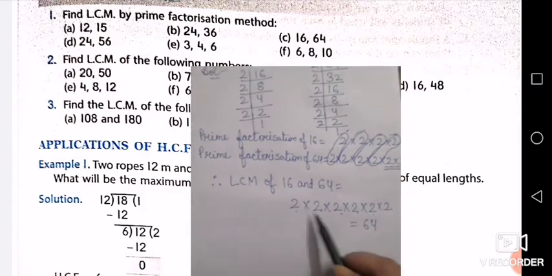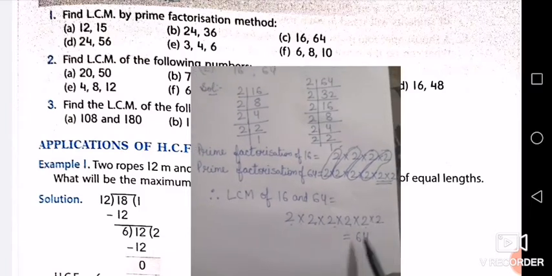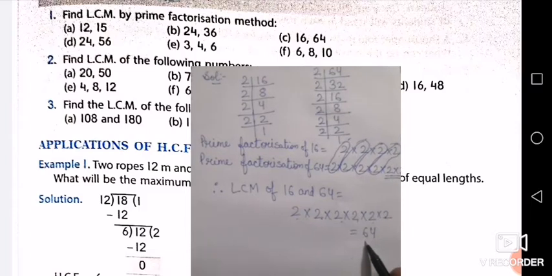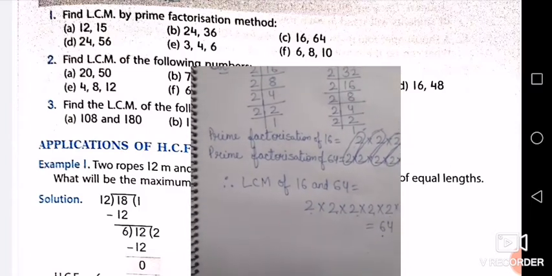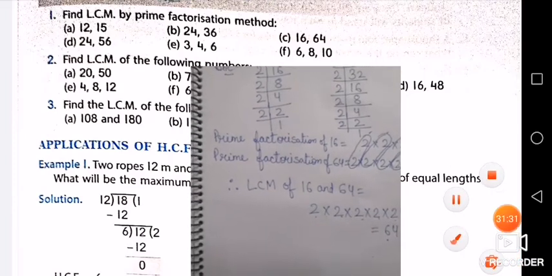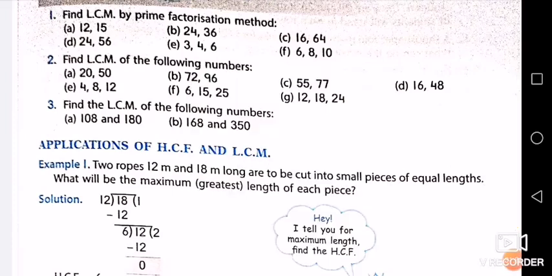Do the multiplication, find the product of all these factors, and then you will get the LCM of the two given numbers. So I hope the concept of finding factors is clear to you all. Finding LCM by using the prime factorization method is clear to you all.